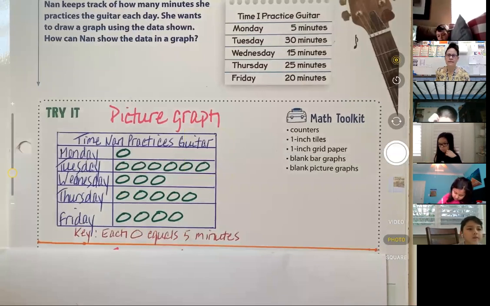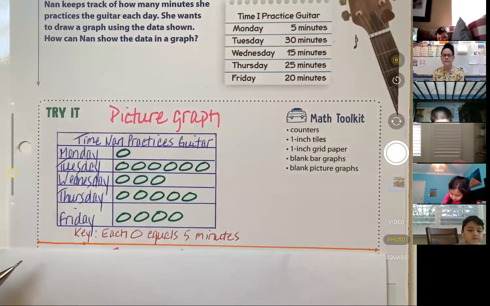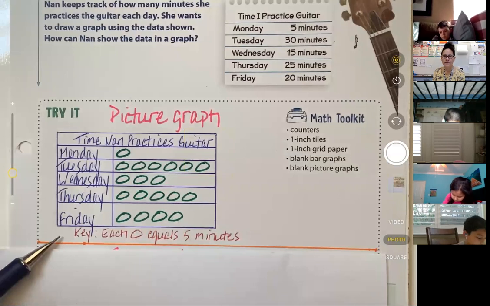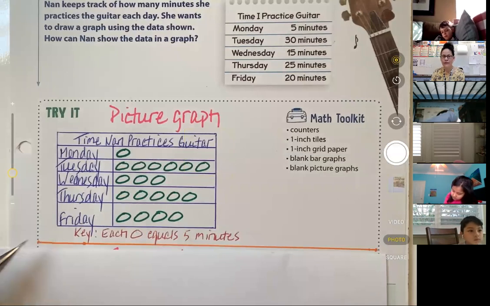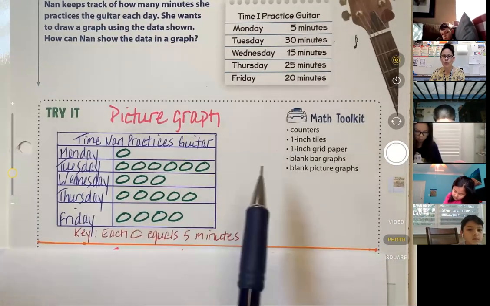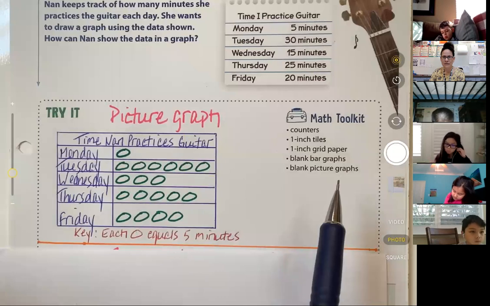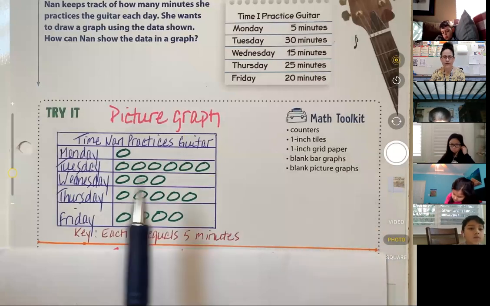That is a completed picture graph. So again, why a scale? Because as the numbers get larger, it would be very, very difficult to do everything in ones, friends. So let's take a look at Tuesday, for example.